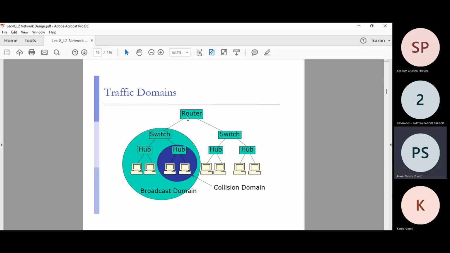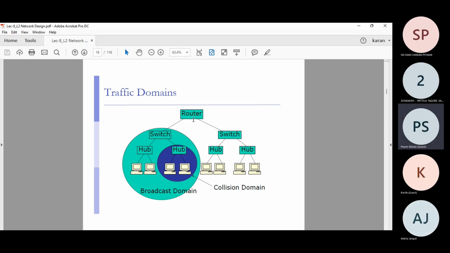Routers are mostly used for bandwidth distribution and internet distribution, to manage two different networks.